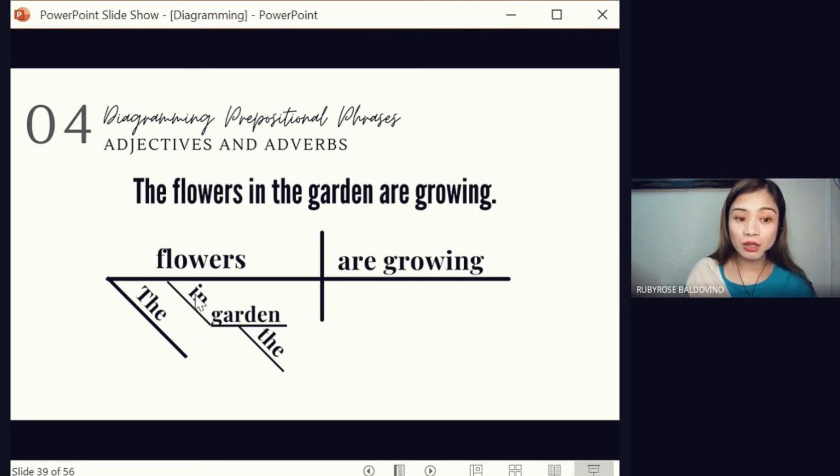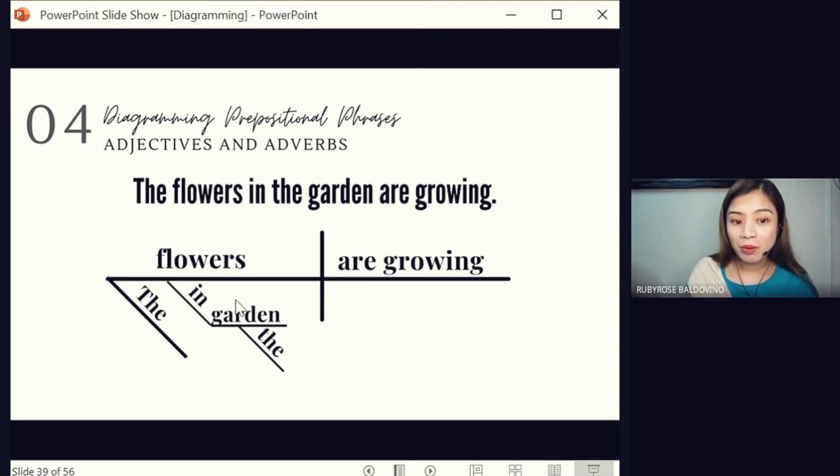So in this case, it modifies the flowers because what's in the garden? It's the flowers, right? So we put in on a slanted line below the subject flowers because that's what it describes. And then we put the object of the preposition on a horizontal line after it.